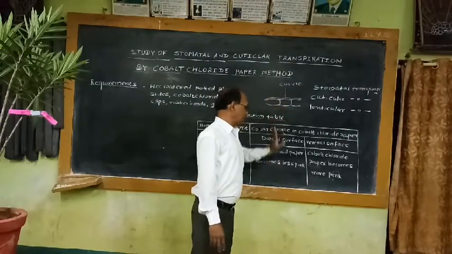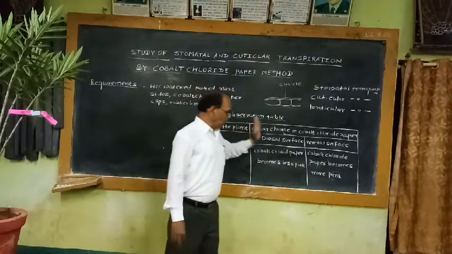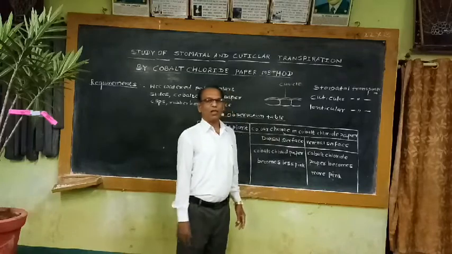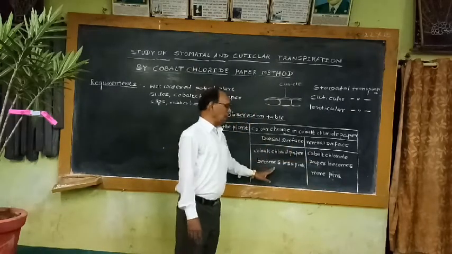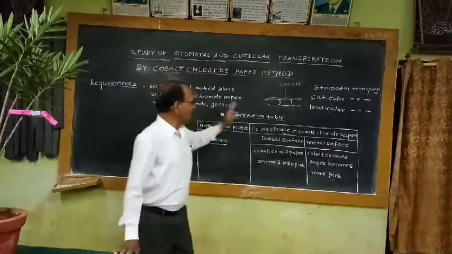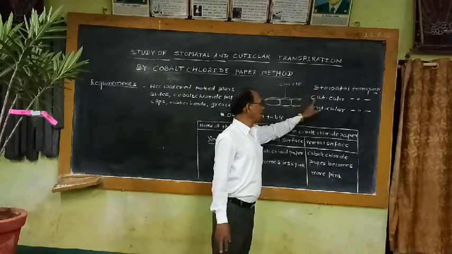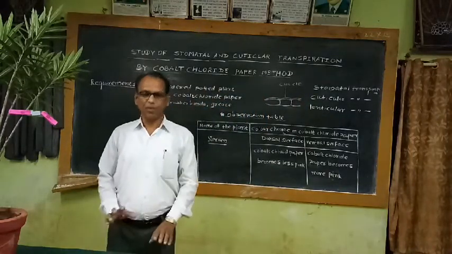And if we compare the color change in the cobalt chloride paper, the paper which is placed on the lower side of the leaf becomes more pink. The paper which is placed on the upper side of the leaf becomes less pink. It indicates that stomatal transpiration is more than cuticular transpiration. So this is the conclusion of our today's experiment.